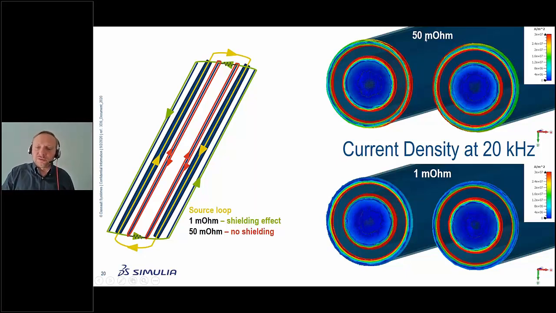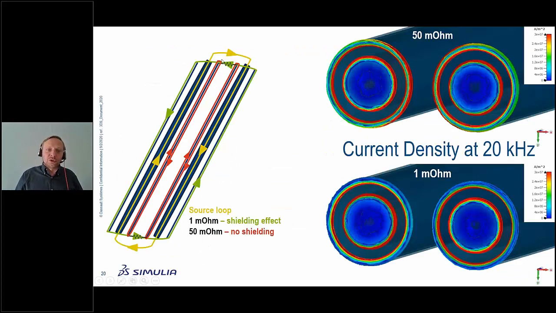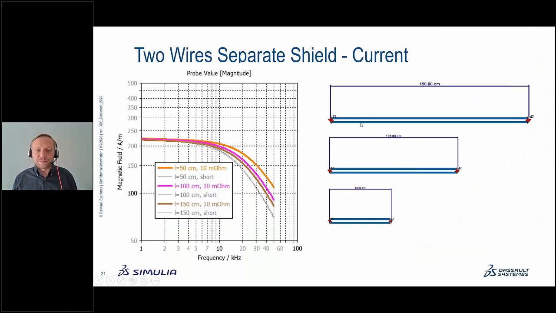And this value of the 50 milliohm actually depends on the length of your cable. So the longer the cable, the worse your bonding can be. It's simply that the current will always choose the path of the lowest impedance, and it depends on whether the lowest impedance is the red loop or the green loop. And that's exactly what you can see in such a test. So I use the same bonding impedance of 10 milliohm for all tests, and I make these cables longer or shorter.